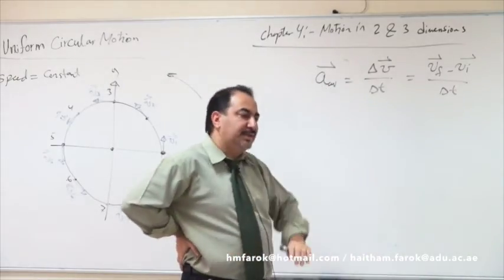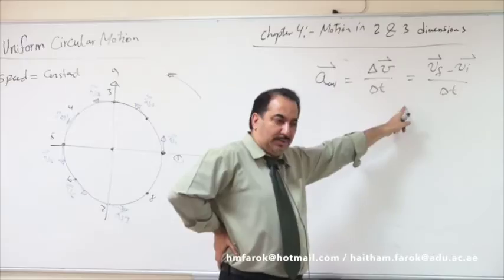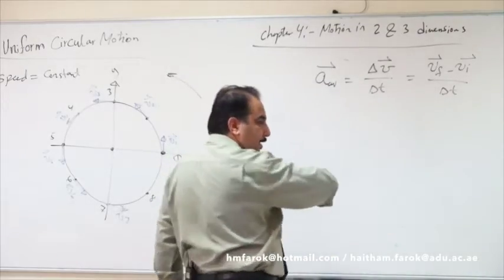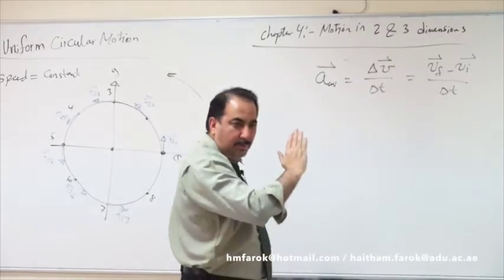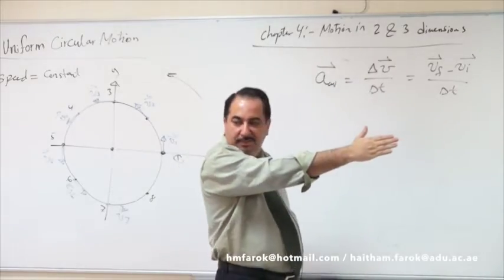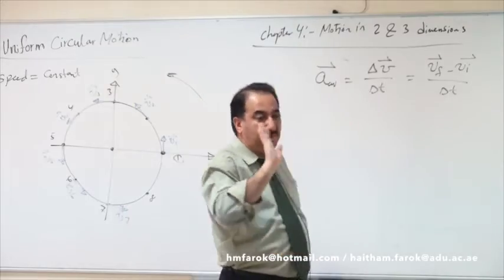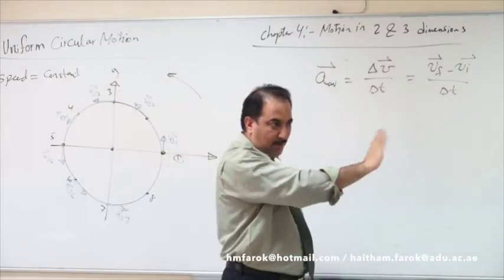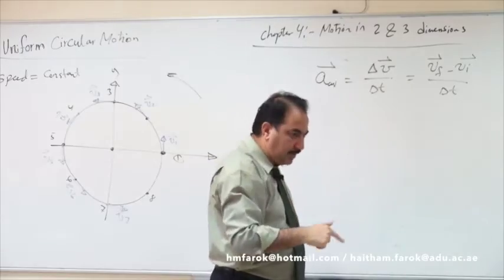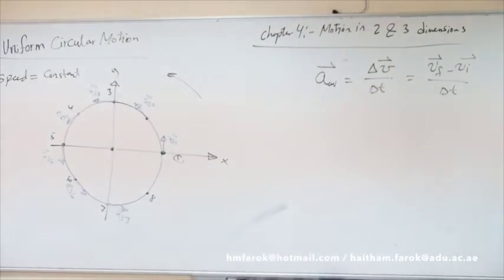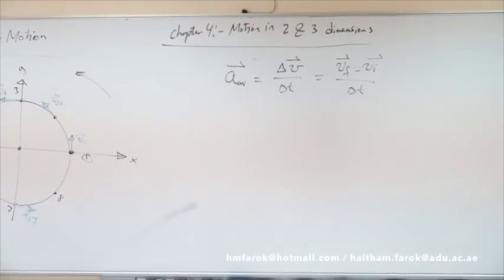Right. Let me give you this example, and then we go back to this one. Suppose I'm going this way. For you, this is the right-hand side, yeah? My velocity is positive or negative? Positive. Okay, I start here with a speed, not velocity, but this way. I will not change my direction. If I start here moving at 4 meters per second and I do this, am I changing my speed or not?